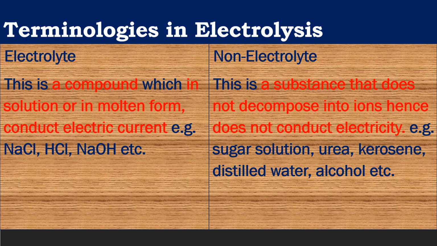And at the same time, we also have non-electrolyte, which is the opposite of the electrolyte. A non-electrolyte is a substance that does not decompose into ions, hence does not conduct electricity. Examples are sugar solution, urea, kerosene, distilled water, alcohol, and so on.